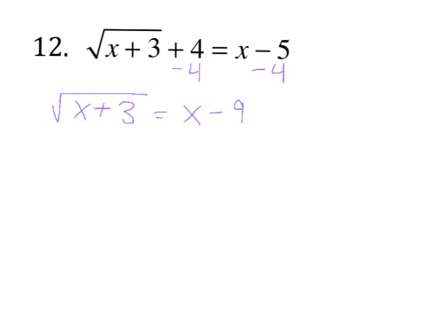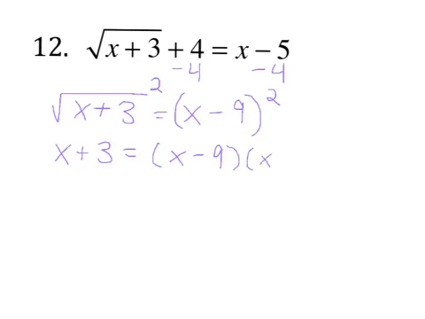So we're going to square both sides. But when I square x minus 9, I need to remember to put it in parentheses before I square it. And this is because when we do square it, we're going to need to write it twice in FOIL. So the square root of x plus 3 squared is just regular x plus 3. And let's write x minus 9 twice, and then we'll FOIL it out.